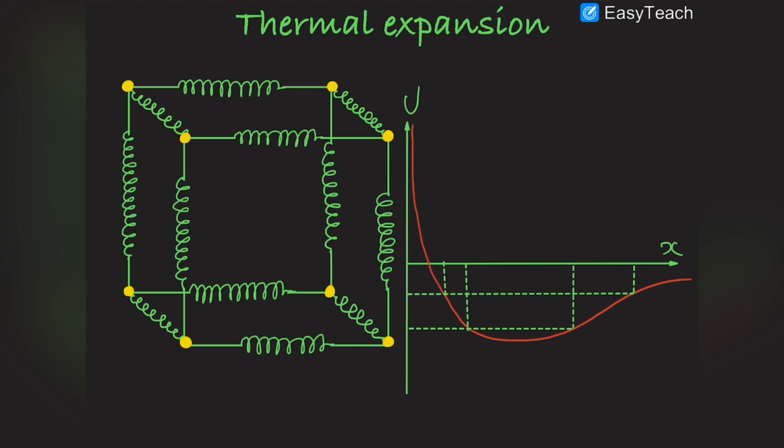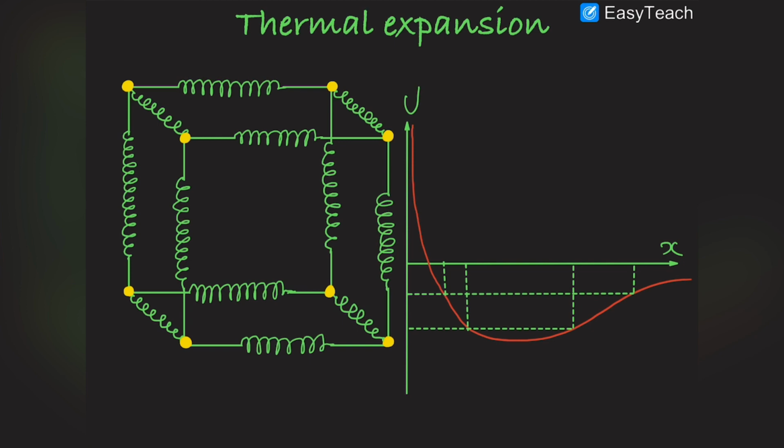If it had been symmetrical, it would have looked like a parabola. But it is an asymmetrical curve, and this asymmetry is the real reason of the thermal expansion.